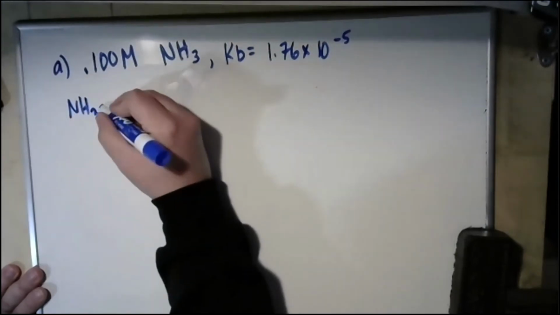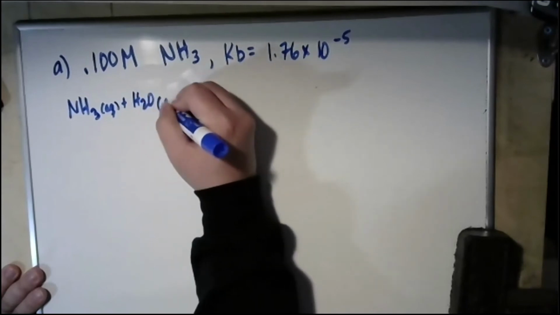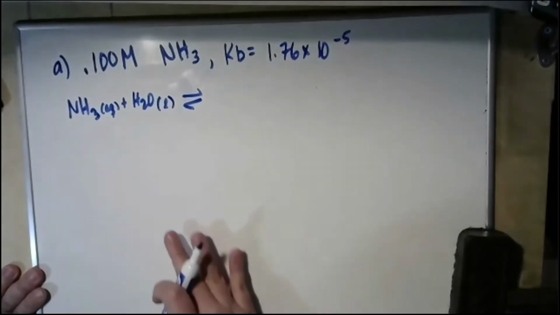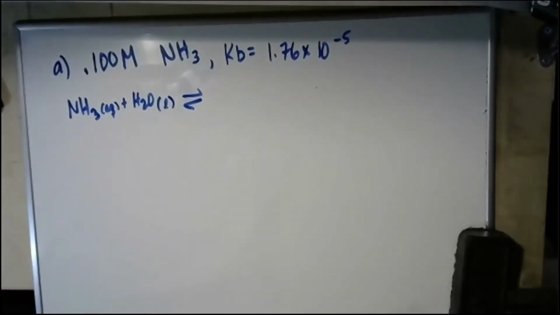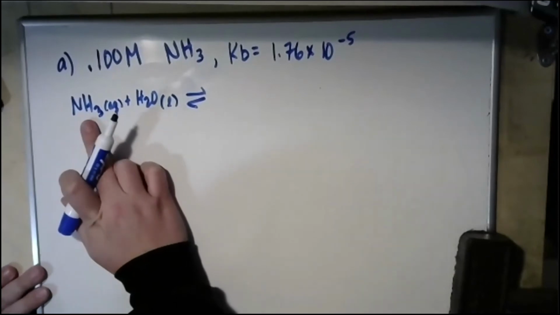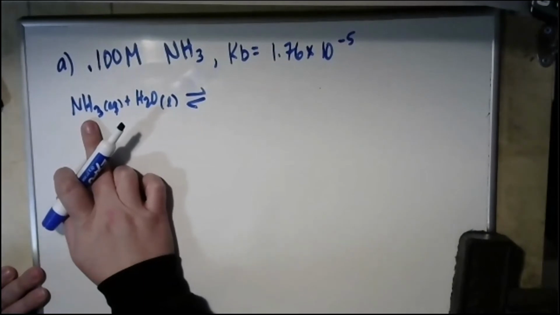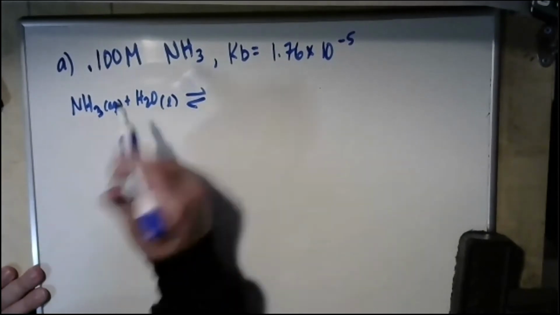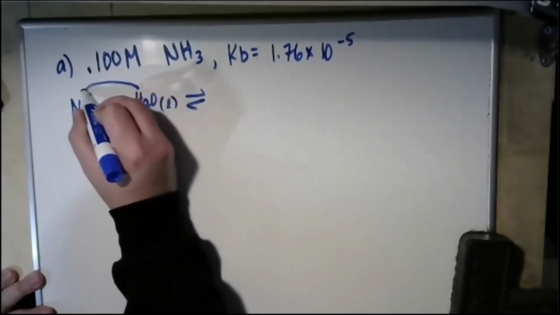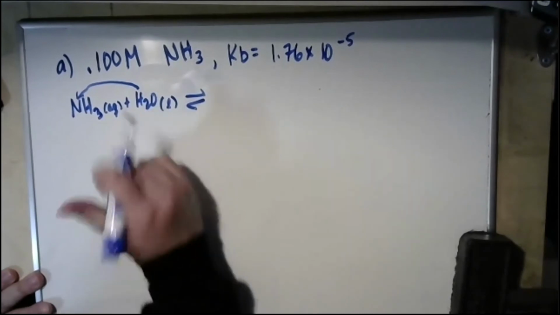Okay, so we have NH3 plus H2O. And we see that in this reaction, when we have a base instead of an acid, our base acts as a proton acceptor instead of a proton donor. So the NH3 is going to pick up one of these hydrogens from the water, right?